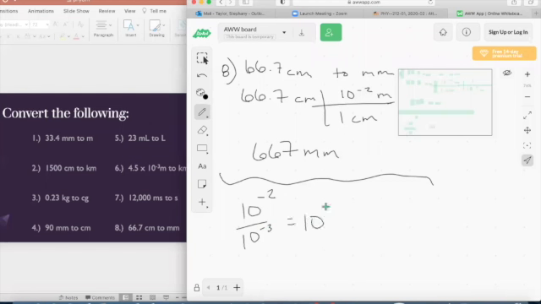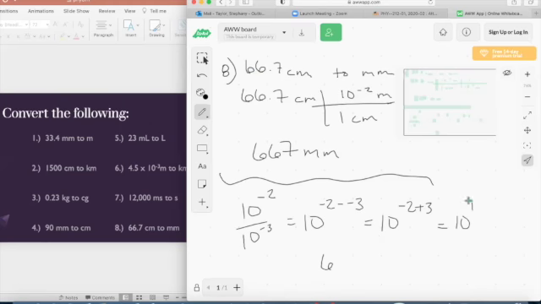So that came out to 10 to the minus 2 minus negative 3, which is 10 to the minus 2 plus 3, which is 10 to the first power. So all we did was move the decimal place to the right once, because the 1 is positive and not negative. So 66.7, and then we move it to the right once to get 667.